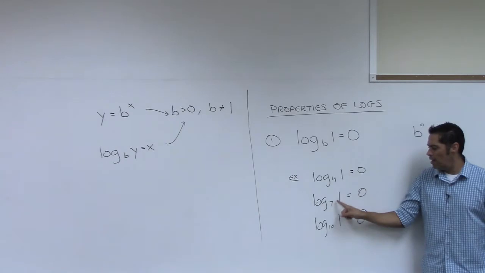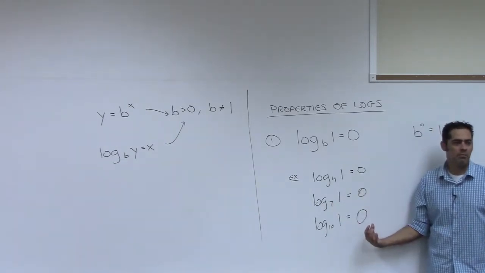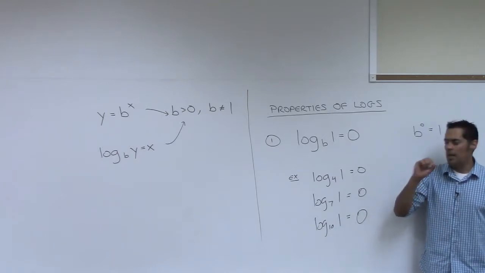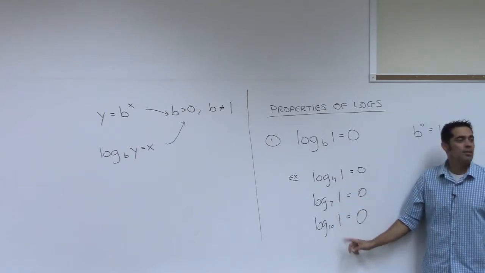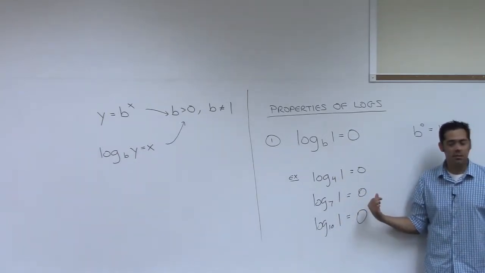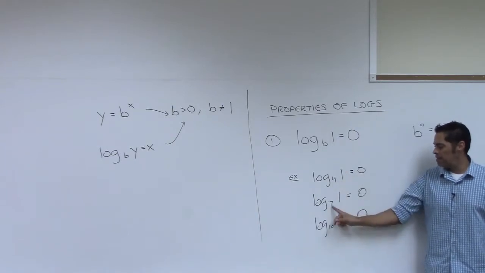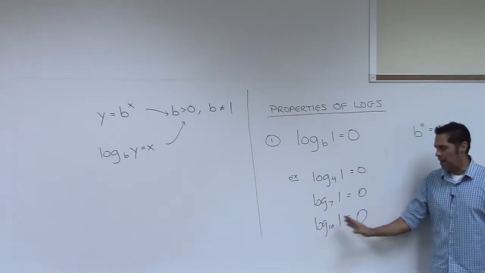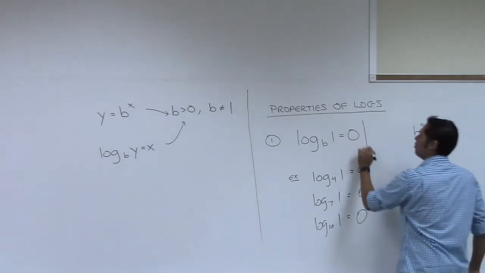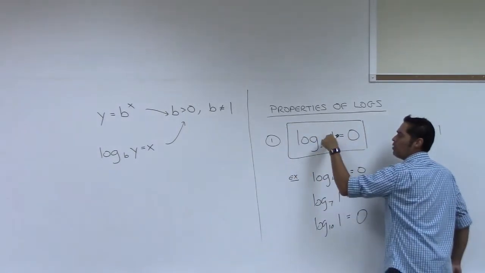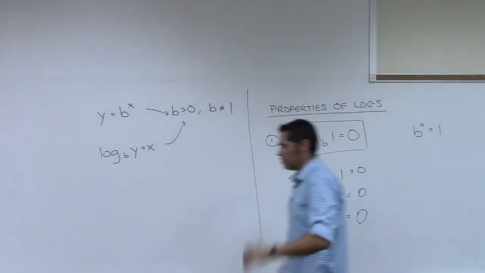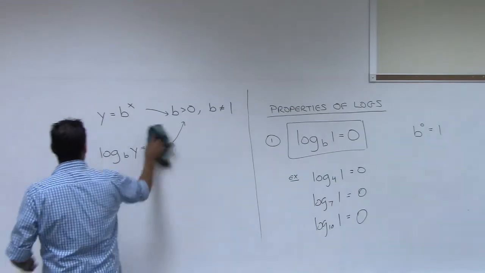If this number is a 1, the answer is always 0. Any log, any base, if you plug in 1 here, you get 0 as an answer. 4 to the 0 is 1. 7 to the 0 is 1. 10 to the 0 is 1. With me? Okay. That's our first property. Regardless of the base, if you plug 1 into the logarithm, it spits out 0. I have calculus students that still don't remember that. All right.